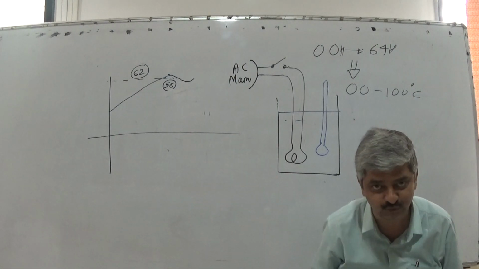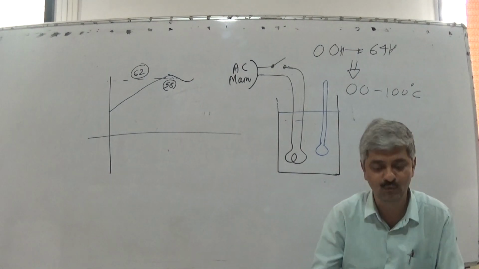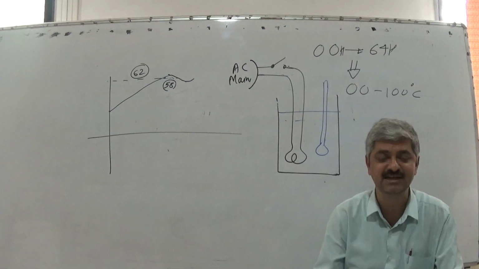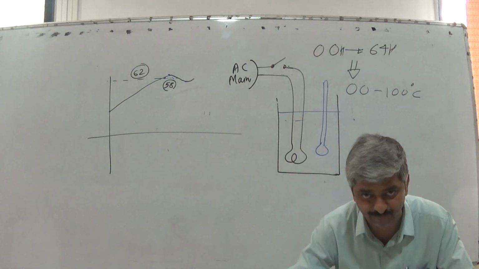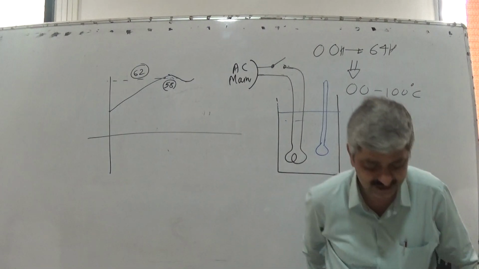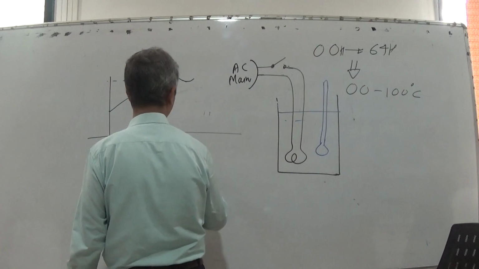One combination throughout on, one combination throughout off. Instead of that, 1 second on, 99 seconds off. 2 seconds on, 98 seconds off. Up to 98 seconds on, 2 seconds off. 99 seconds on, 1 second off. This is called pulse width modulation.